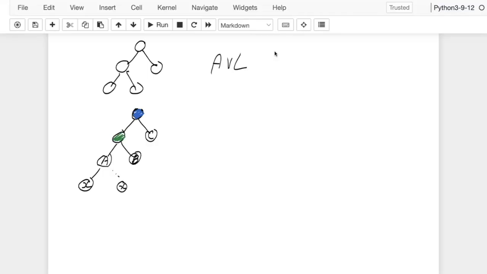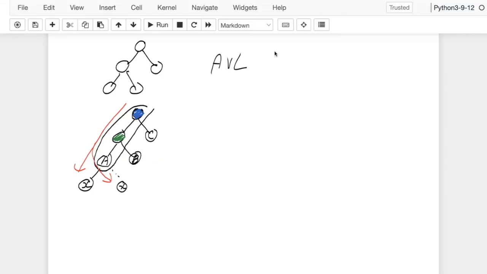In any case, we can see these three nodes, blue, green, and on this path, or on this path. Look at its child and its grandchild on the path where the node is inserted. They are in the same direction, either here or here.